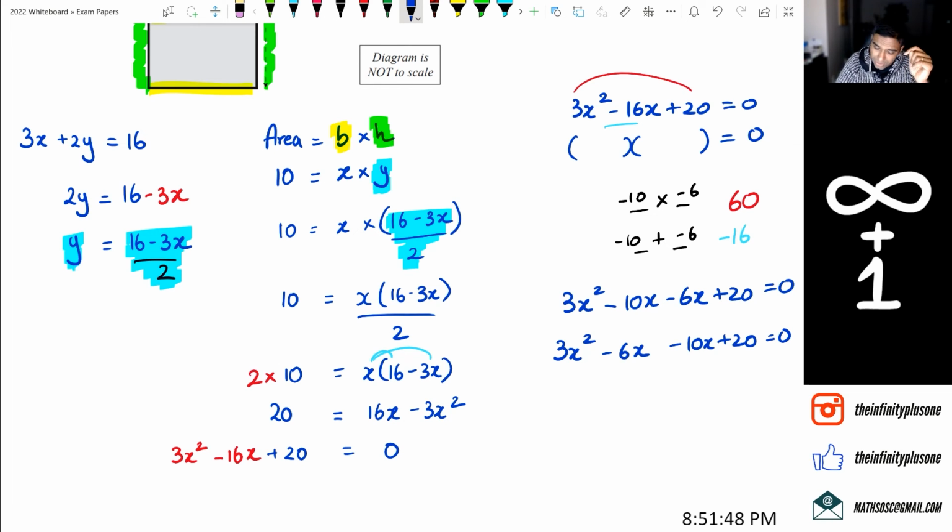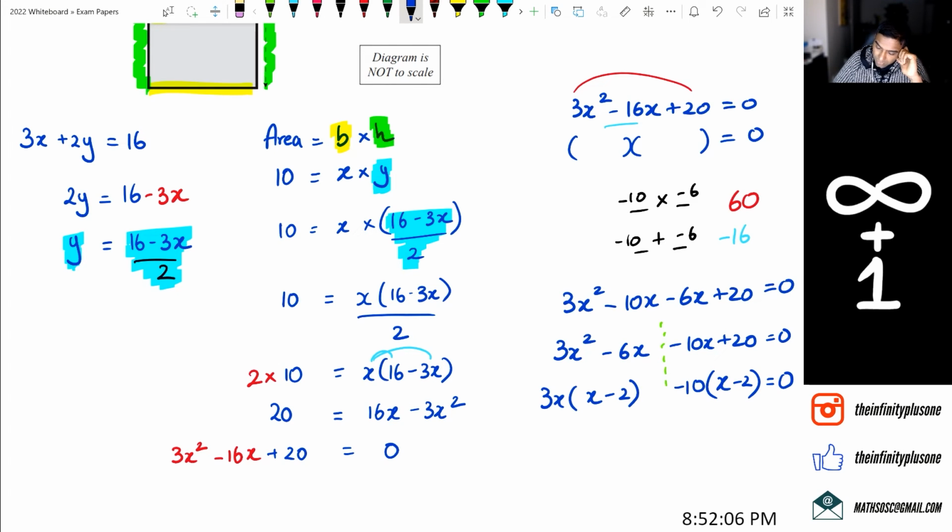Because when I do this, factorizing by parts becomes a little bit easier. So I can rewrite this now as 3x bracket x minus 2, and then here negative 10 bracket x minus 2 is equal to 0.